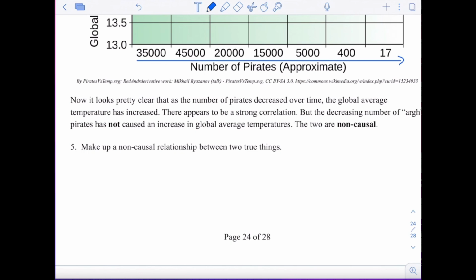So for example, we could think about something like, I, Miss Fioroni, drink a lot of coffee. So we could make a claim that the more coffee I'm drinking causes me to get older.